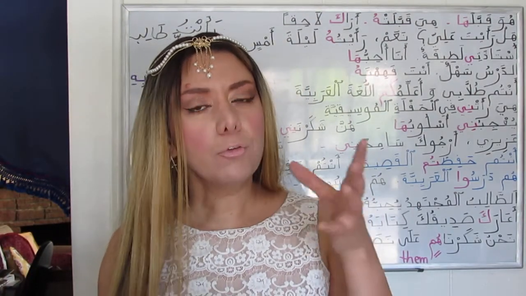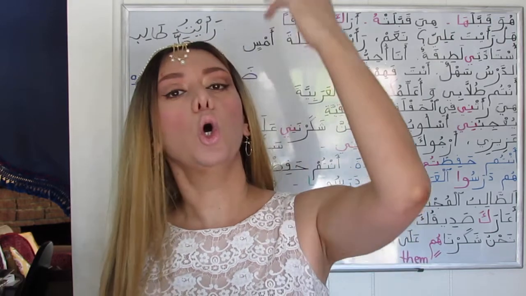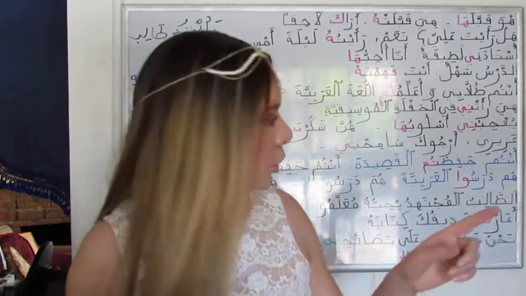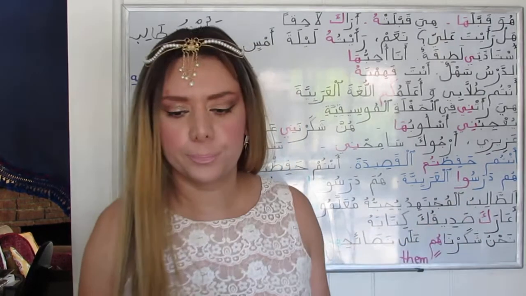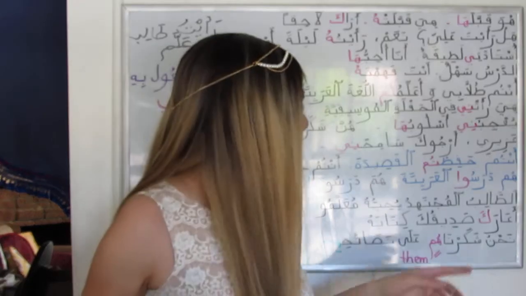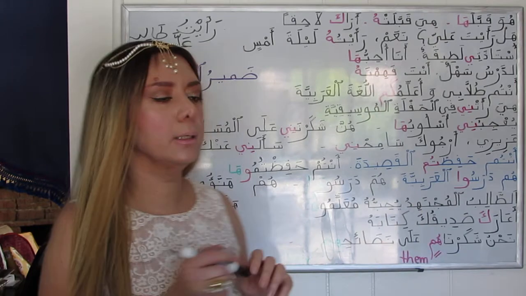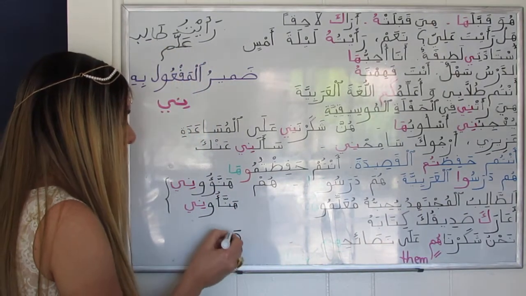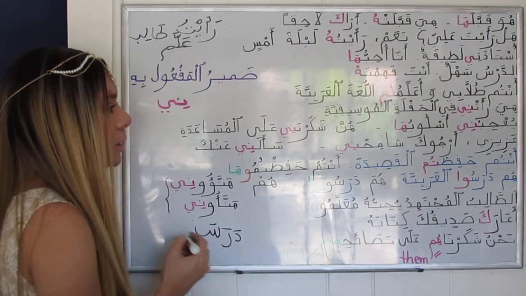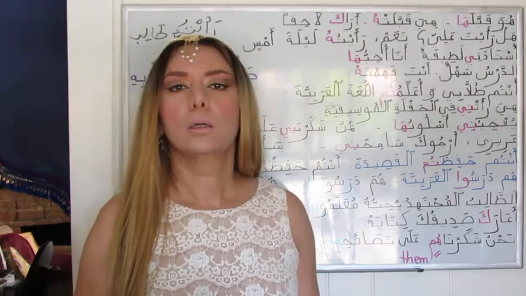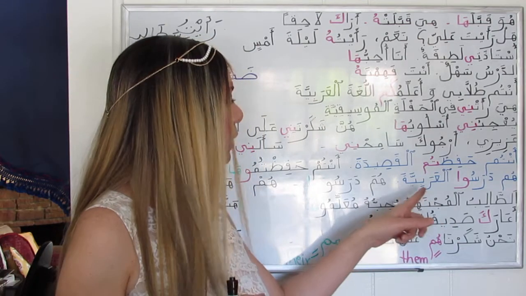So, when a verb is conjugated for hum, third person plural masculine, it ends in the waw and alif conjugation. Waw and alif. For example, هم درسوا العربية. درس, to study, conjugated in the past tense. هم درسوا, they studied Arabic.